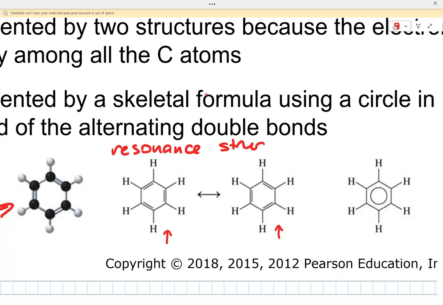And what it means is that at any given time, we assume that half of the molecules in the sample are in the left state and half of the molecules are in the right state.